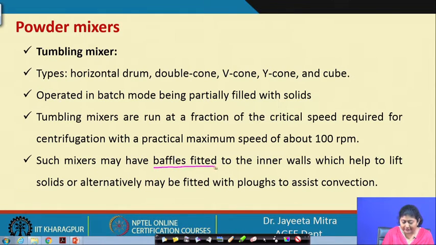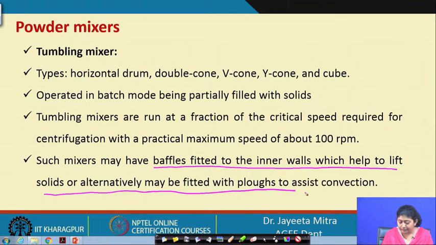baffles fitted to the inner wall, which help to lift the solid, or alternatively may be fitted with a plough to assist the convection. So, this is a tank, or this is a kind of mixer that you are using.